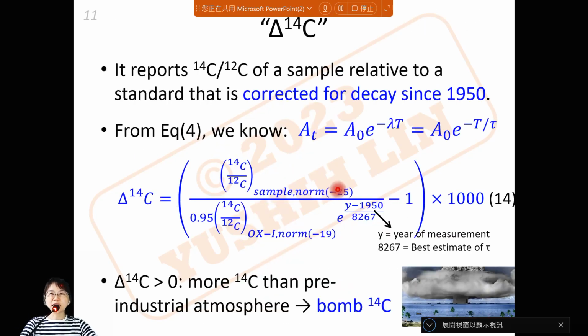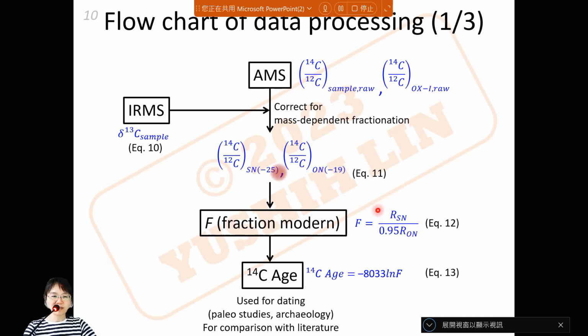As mentioned in literature, you will see from time to time big delta C14. Big delta C14 reports the C14 to C12 ratio of a sample relative to a standard that is corrected for decay since 1950. In the previous equation, you just measure the standard and then you use the measured value.